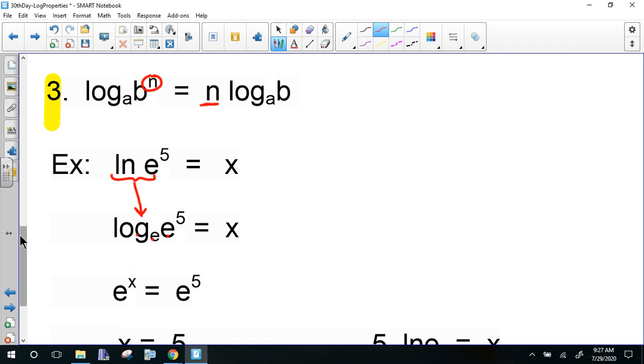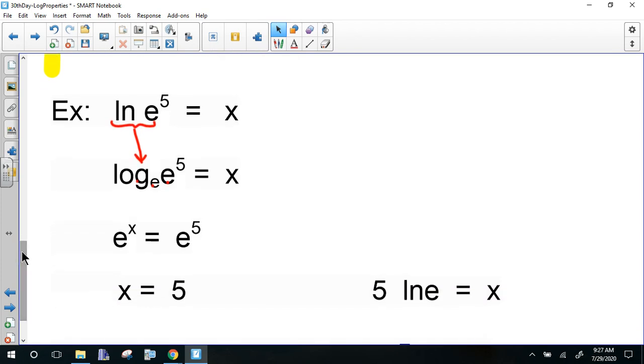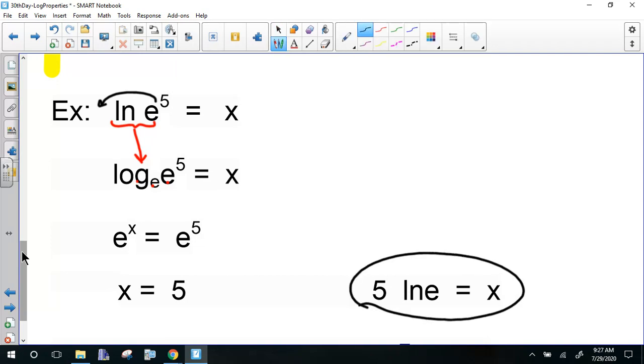We set that equal to x and convert. And x is 5. Well, we could do that easily by just bringing that out in front. Get the same thing.